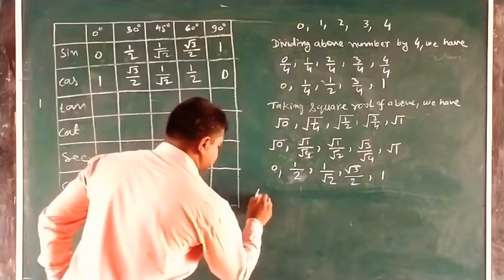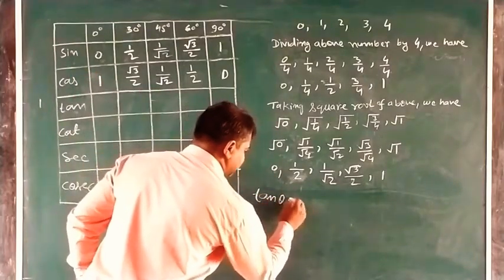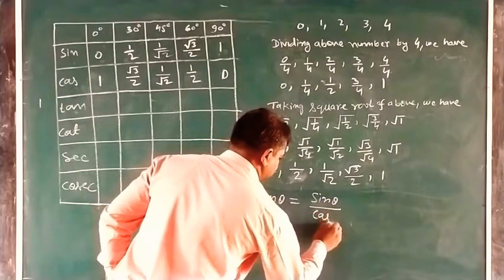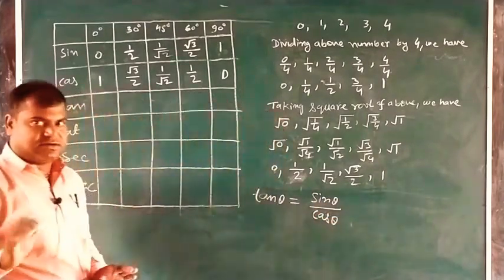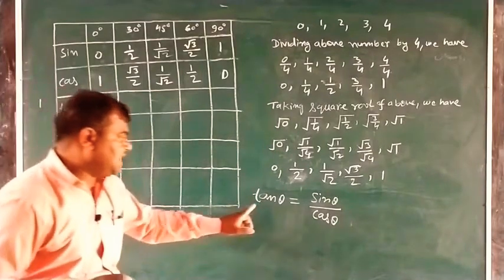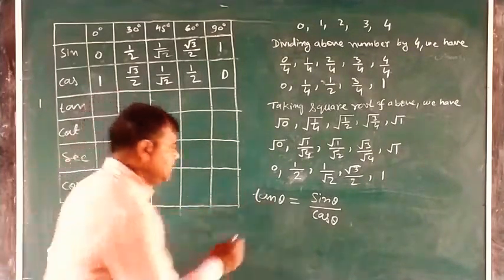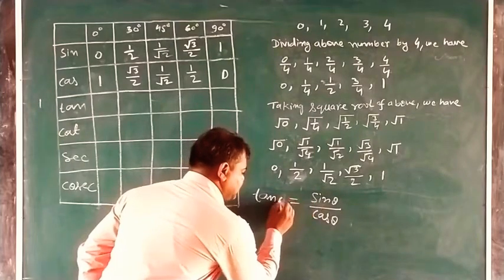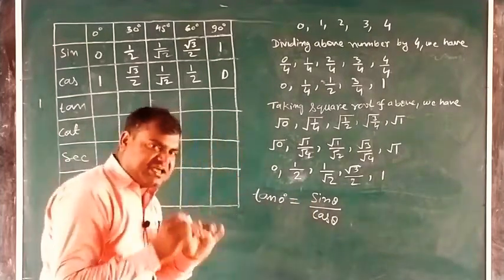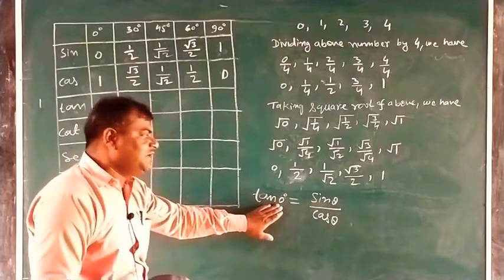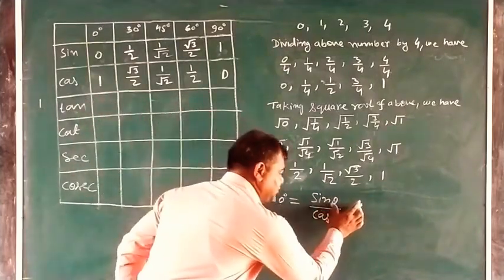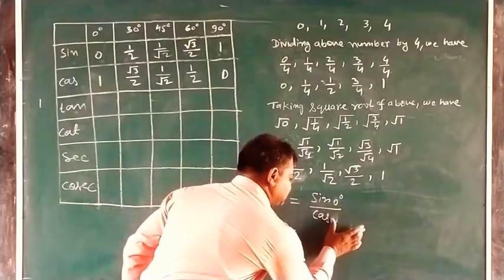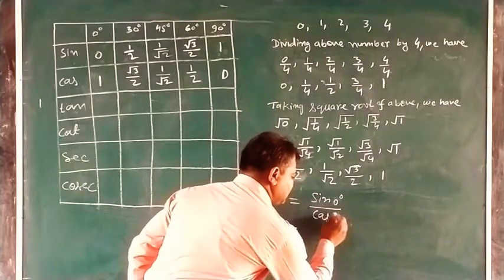Then see here, tan theta is equal to sin theta by cos theta. We are going to find the value of tan 0 degree. At the place of theta we will write 0 degree, and same as tan 0 degree will be equal to sin 0 degree by cos 0 degree.